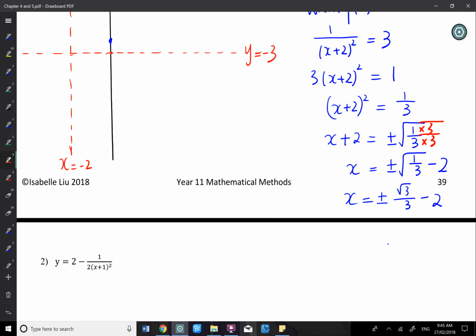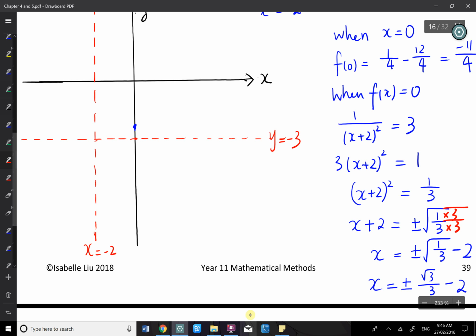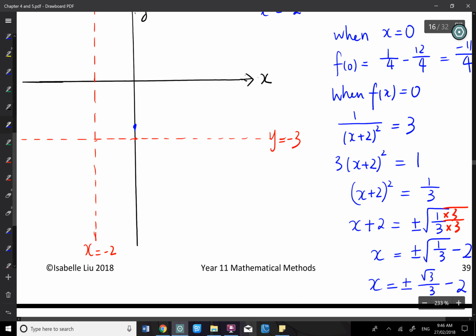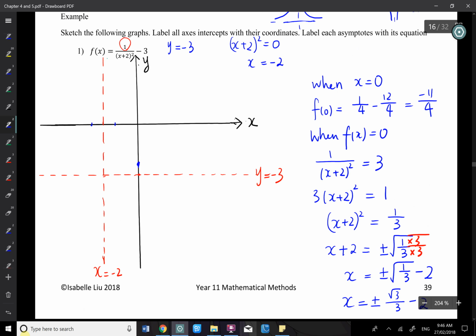From negative 2 you add root 3 over 3 and you minus root 3 over 3. They are symmetrical points. So let's say those 2 points, well, roughly is here.